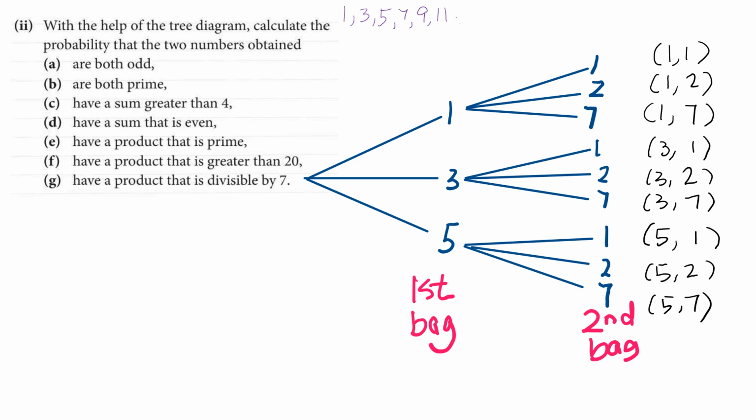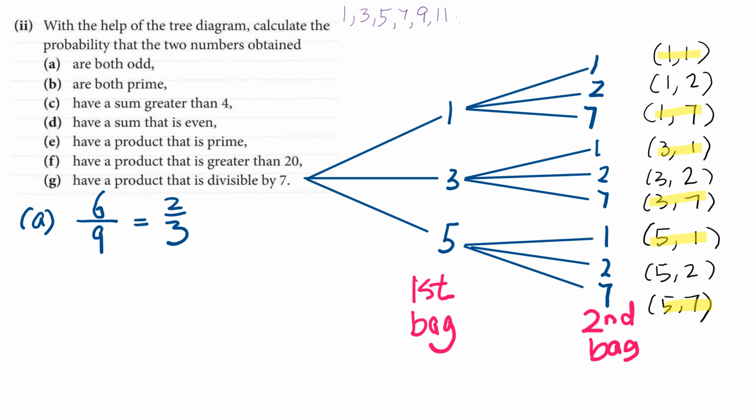So from the tree diagram, we can see that all the ones highlighted in yellow are odd numbers, and there are 1, 2, 3, 4, 5, 6 out of 9 cases. So the probability is 2/3.